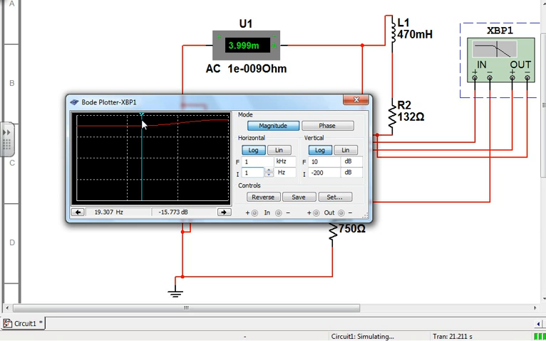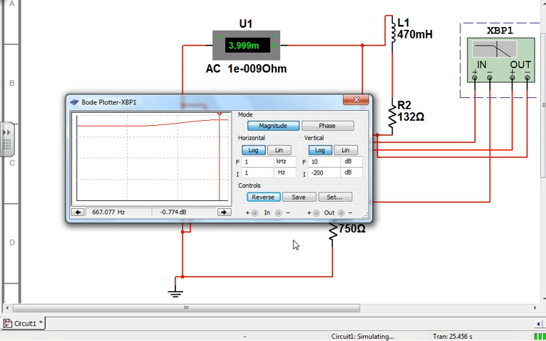Minus 15 dB to minus something else dB. That ain't working. I was expecting to see something a little bit different on my Bode plotter.